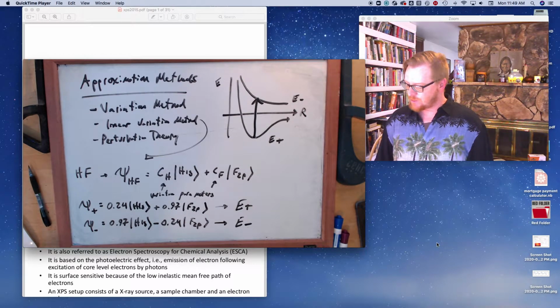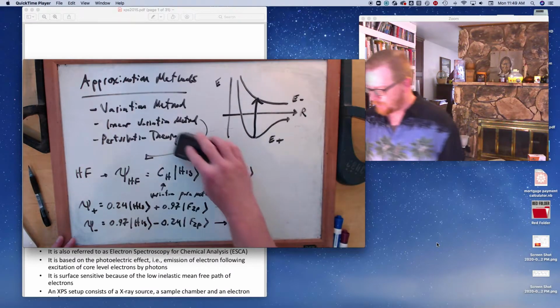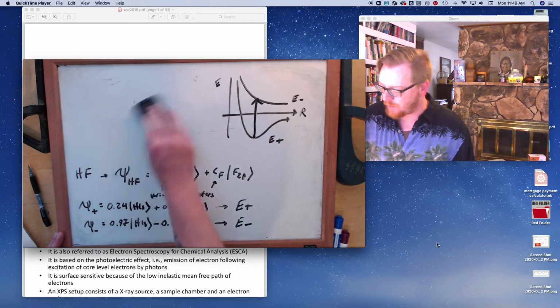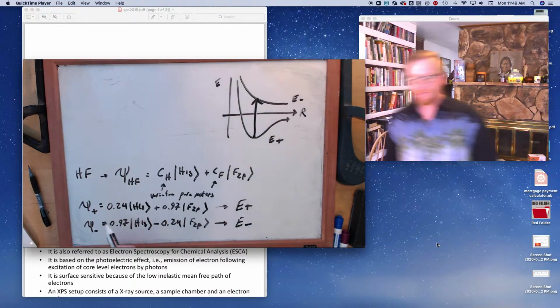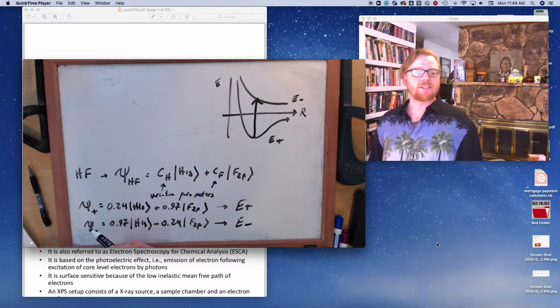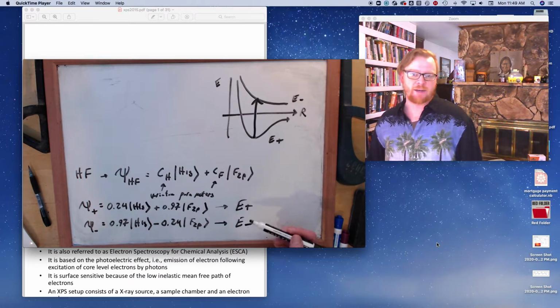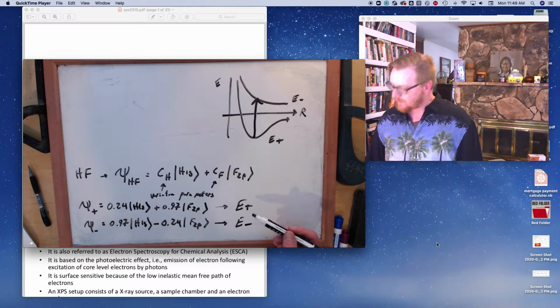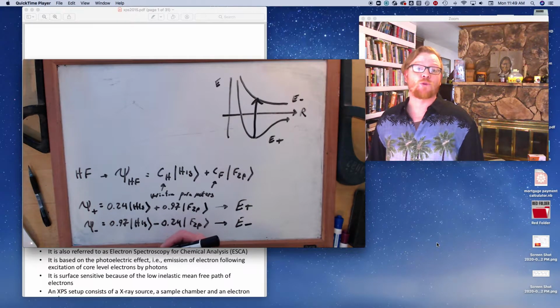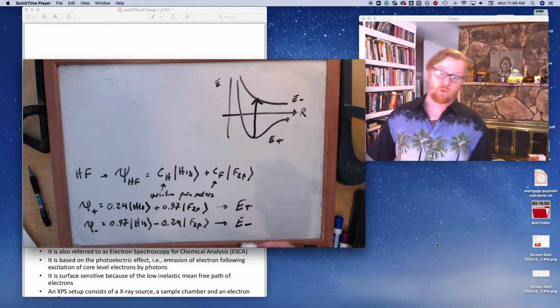Now I'm going to clear up some room right here. Having the psi plus and psi minus states, which give you the bonding energy and the anti-bonding energy, allows us to start to create this molecular orbital diagram.